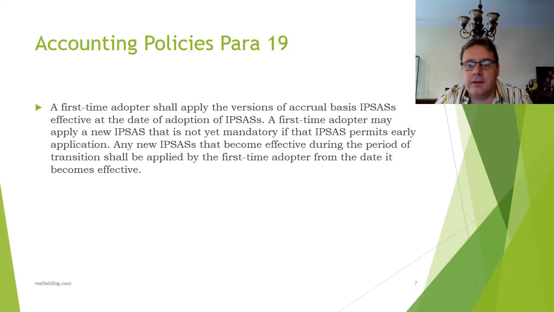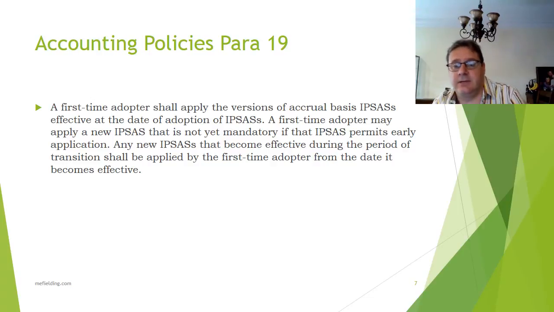Okay, so moving on with our list of little paragraphs within this standard that you need to be aware of and that can potentially cause you problems, let's just have a look at paragraph 19. Accounting policies. So a first-time adopter shall apply the versions of accrual-based Ipsas effective at the date of adoption of Ipsas. Right, that is going to give you a problem as well. I have to say that I have never ever met a country which wanted to adopt old versions of standards.